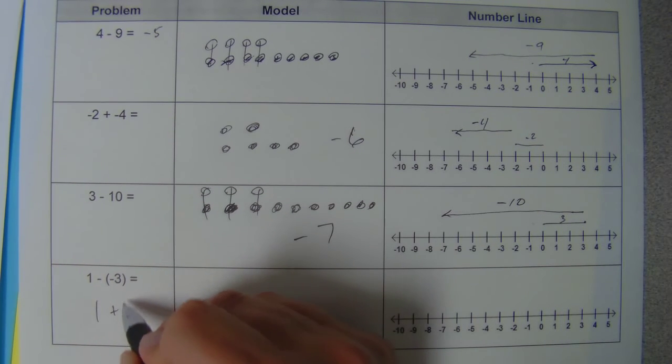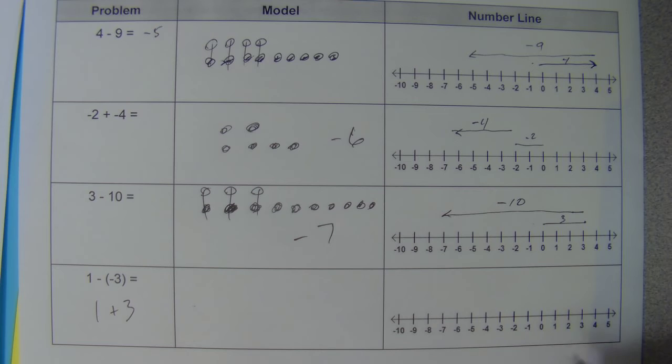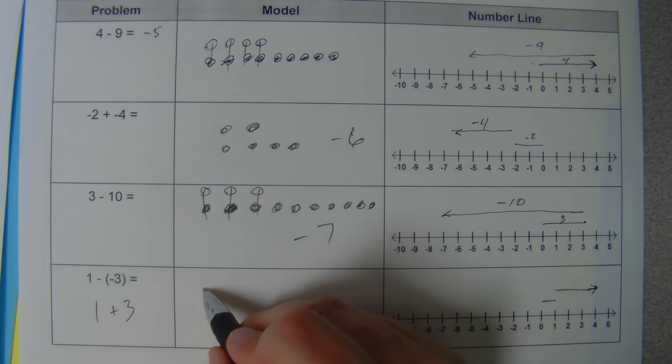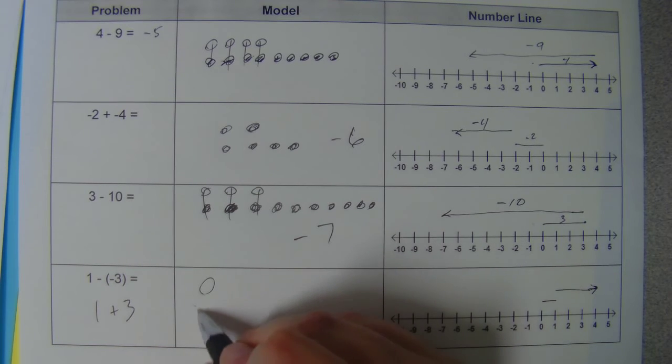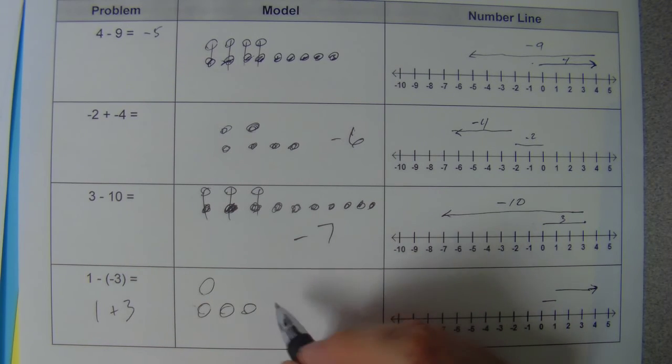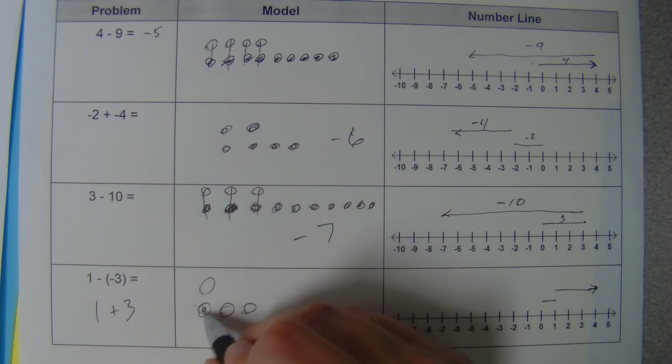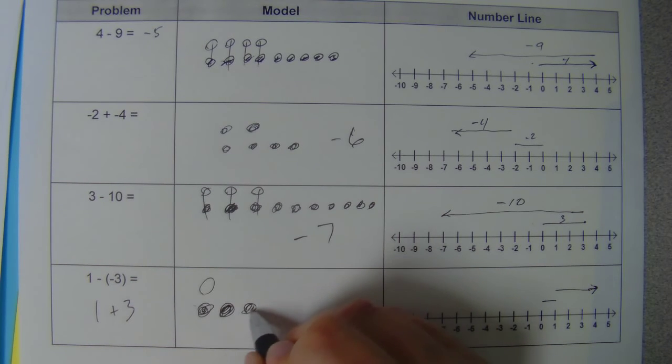Remember this, 1 plus 3. So 1 plus 3 will get you to 4. You have a 1, and you have this many that you're going to remove of negative.